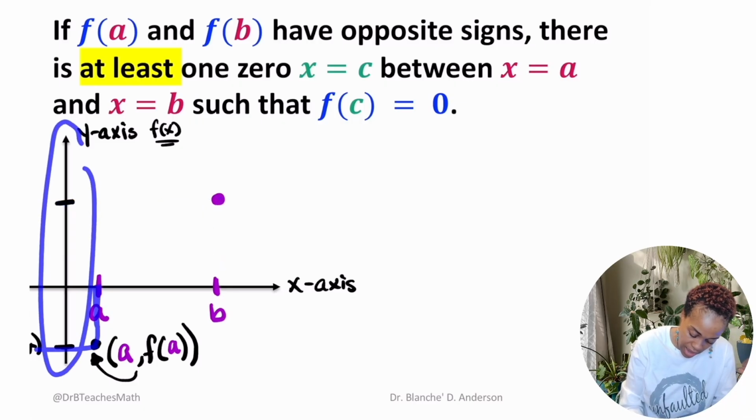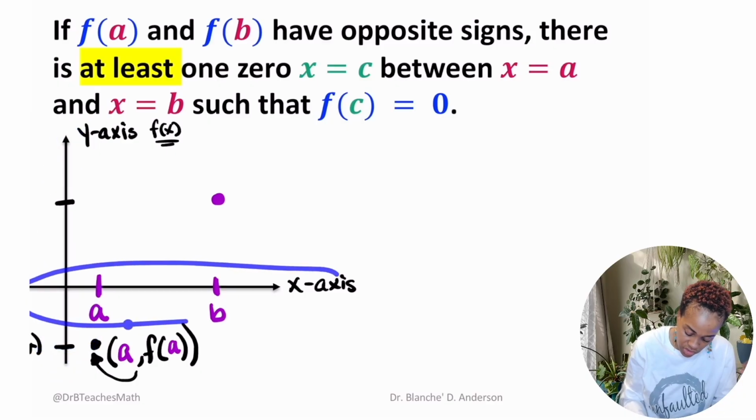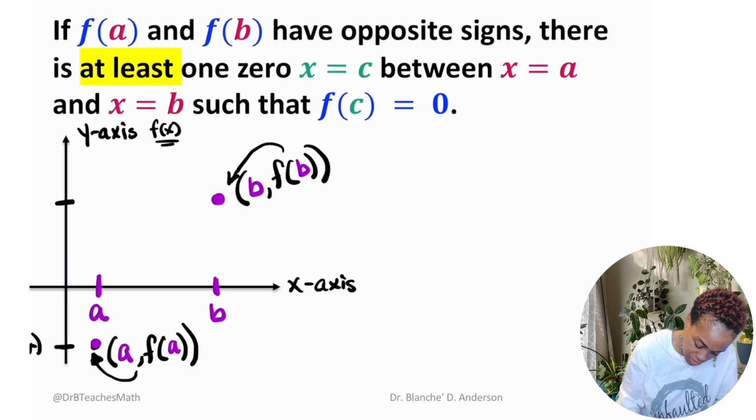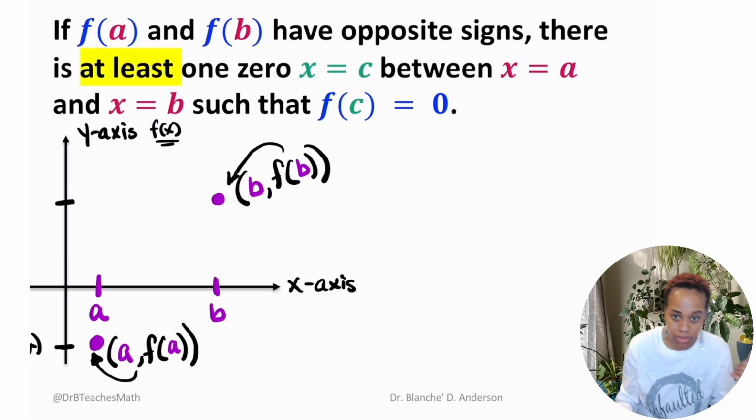So this is your y-axis, okay? This is your x-axis. Do you agree that this is the point b, f at b, whatever the number is? Do you agree that's this point here? In fact, let me put that point.